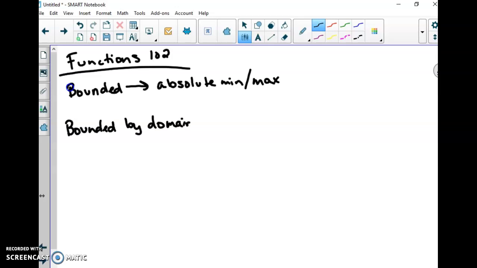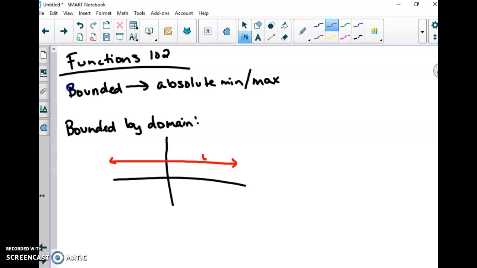When you're talking about bounded by the domain, this is easier with a picture. Let's say for instance, I have y equals 5. I'm neither increasing nor decreasing. I don't have a min or a max. It's just one line. So I'm bounded by that domain to have that value.